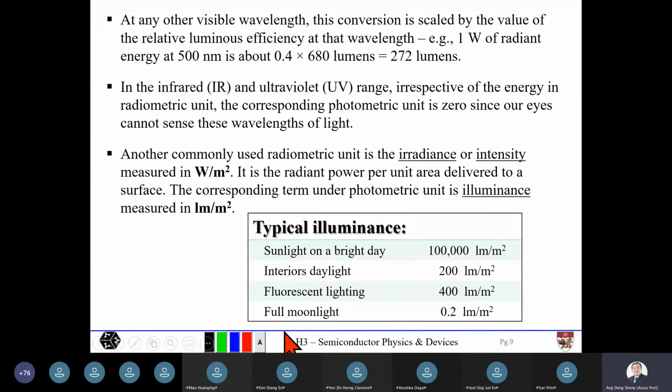Moonlight is much dimmer, only about 0.2 lumen per meter square, so you can hardly see anything under the moonlight. That is a very brief discussion on the measurement units for light, which is important.